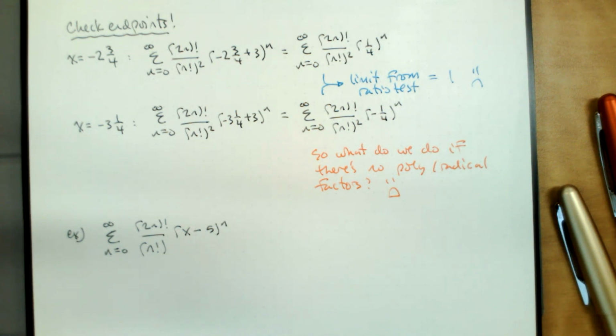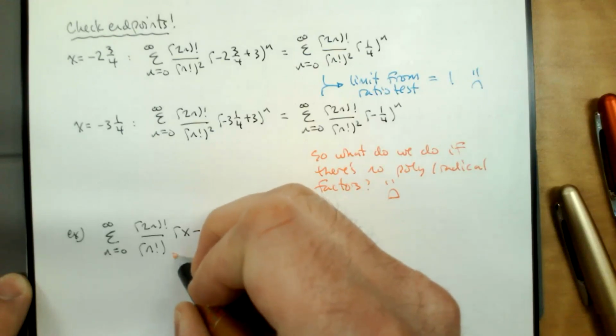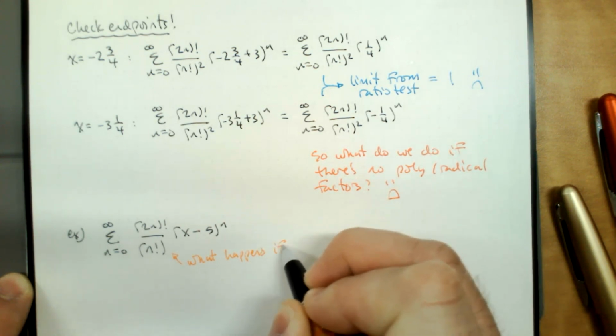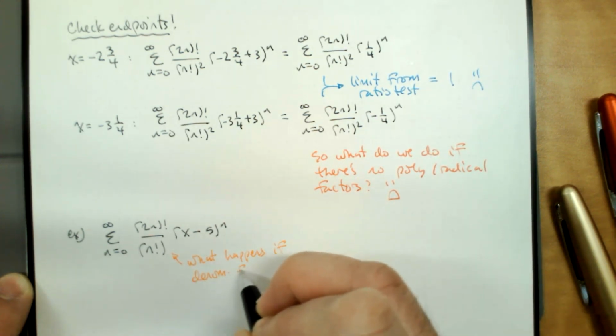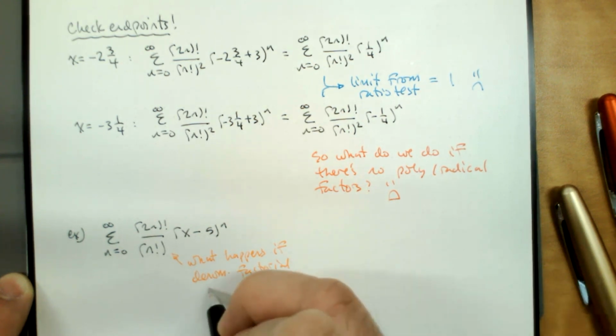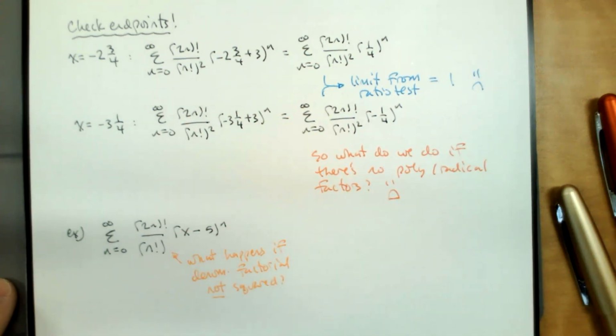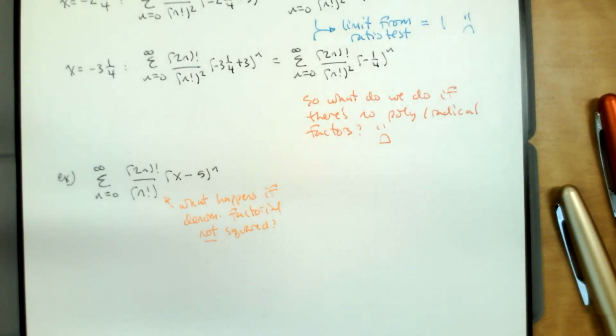I want to think about what happens if the denominator is not squared. What's going to happen if I don't square that factorial in the denominator? So now I've got a factorial over another factorial. In the previous example, we saw those balance each other out to 4.